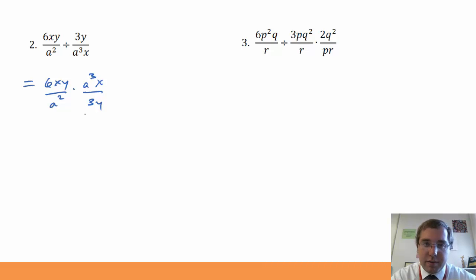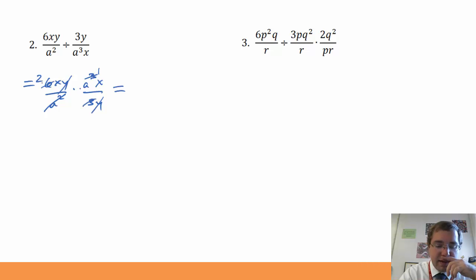Everything is already factored here because there's no addition and subtraction going on. So we can cancel things that are multiplied into the bottom and into the top. For instance, there's a y in the bottom that cancels with the y in the top. There's an a squared in the bottom and an a cubed on the top, so we'll cancel 2 of the a's and leave ourselves with just one a on the top. That 3 on the bottom can cancel into the 6 two times, leaving us with 2 and x squared and a on the top.